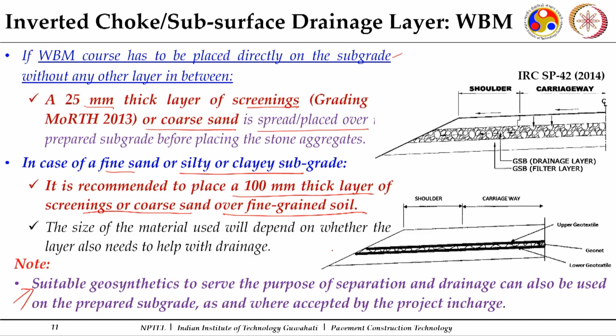As we discussed in one of the earlier lectures, you can have a geocomposite where you have a geotextile on the lower side, a geotextile on the upper side, and a geonet. This geonet serves the purpose of allowing the drainage of water, and it serves as both a filter and a drainage layer. So, if the project allows, it is always preferred to construct a geocomposite layer, which serves the purposes of drainage as well as filter cum separation layer.